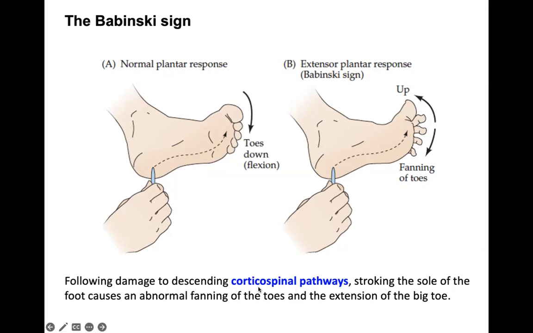Because this pathway is very long, it's not 100% complete yet. So when you test it, they can respond this way. Usually in most cases by 1 year. Okay, all right, very good. Otherwise, when older than that, everyone should have the normal response.